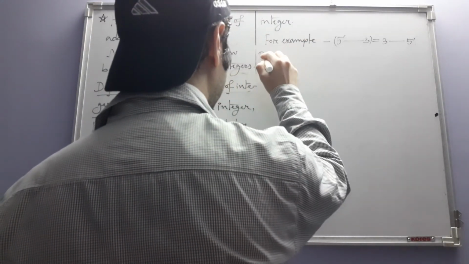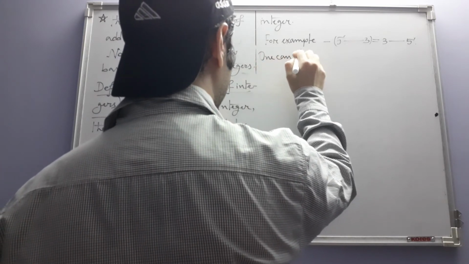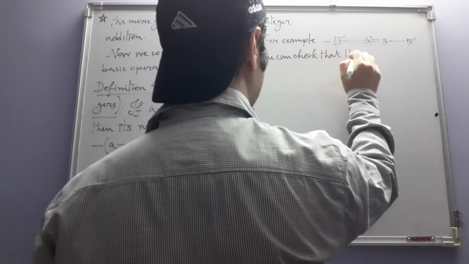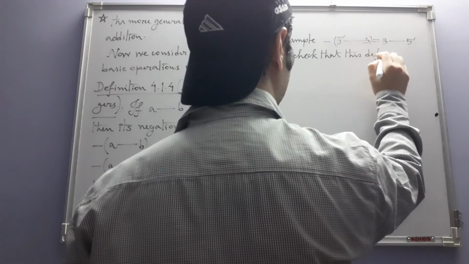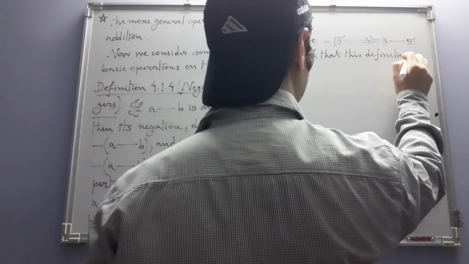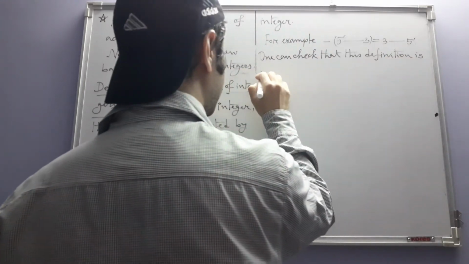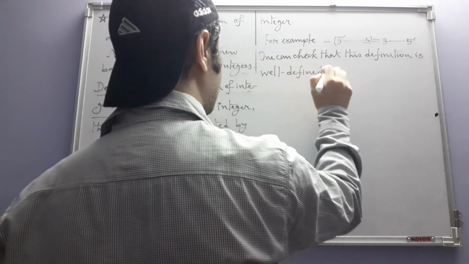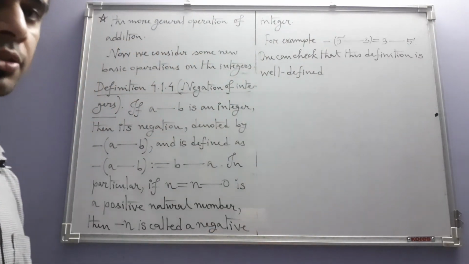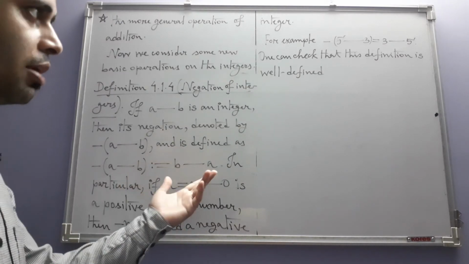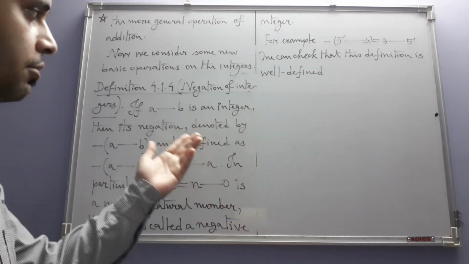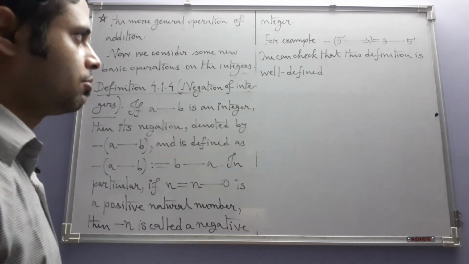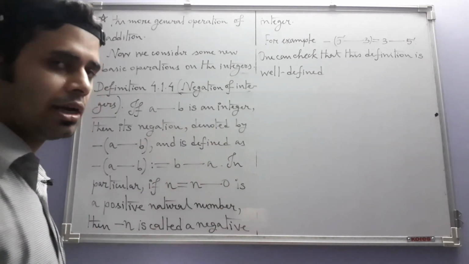One can check that this definition is well defined. Just like addition and multiplication, this is also an operation. For addition and multiplication, we need two integers. For negation, we need only one integer.